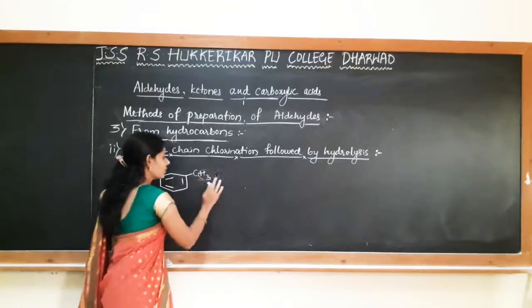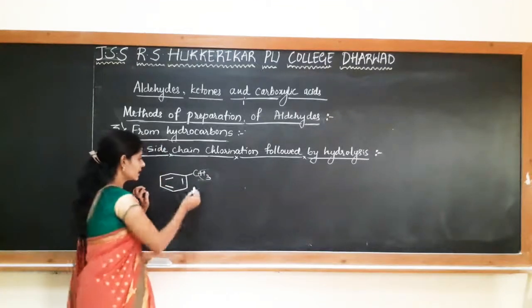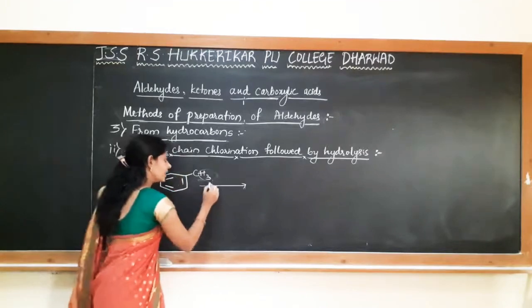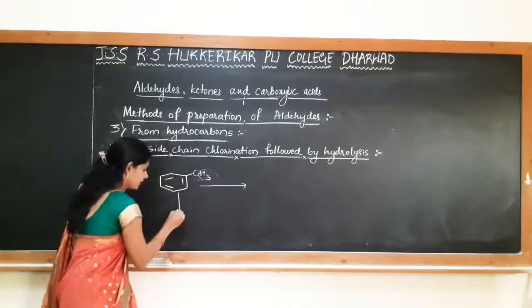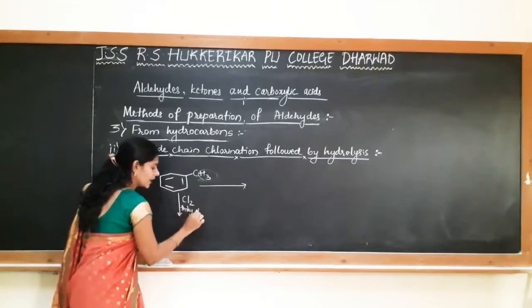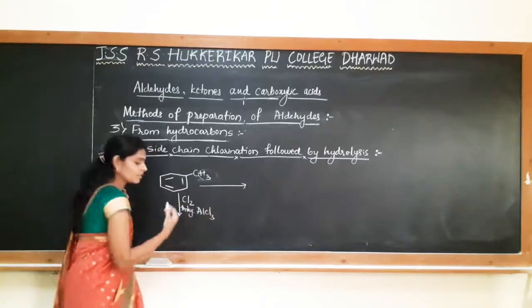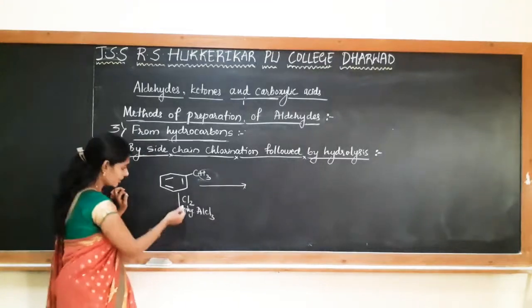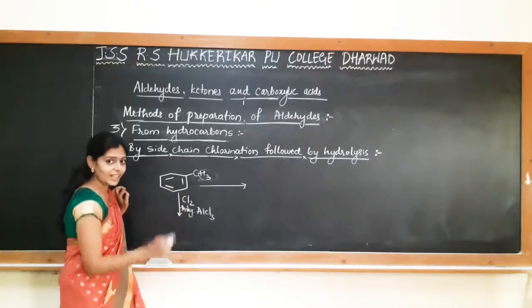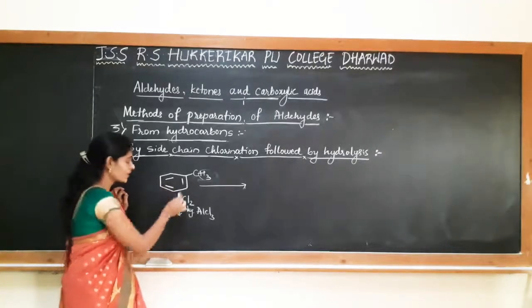So for this, what reagent do I have to take? See here, there are two conditions. If I use chlorine in presence of anhydrous aluminium chloride or stannous chloride, such reagents, then the ring substitution takes place. Electrophilic substitution takes place on the ring.